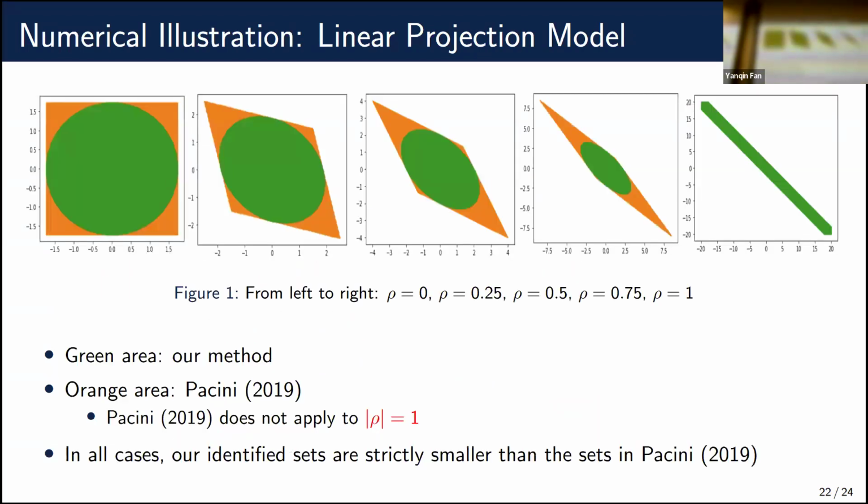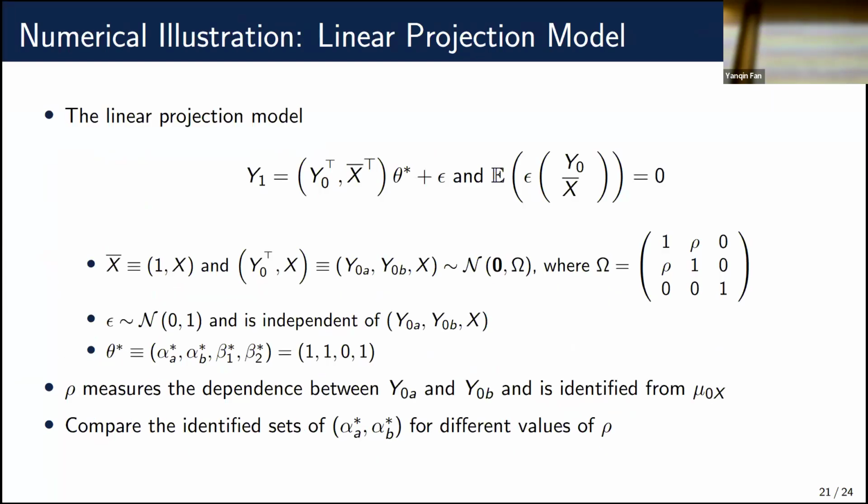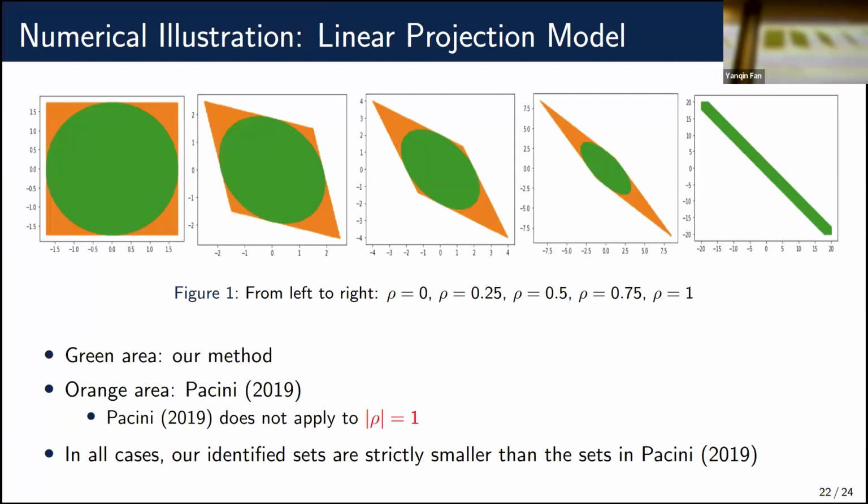Okay, so let me explain these graphs. Now, remember I mentioned that, this is for dimension 2, okay? And this rho parameter measures the dependence or correlation between these two, okay? Now, existing work, for instance, percentage work, ignores the dependence because they apply monotone rearrangement inequality to each component separately.